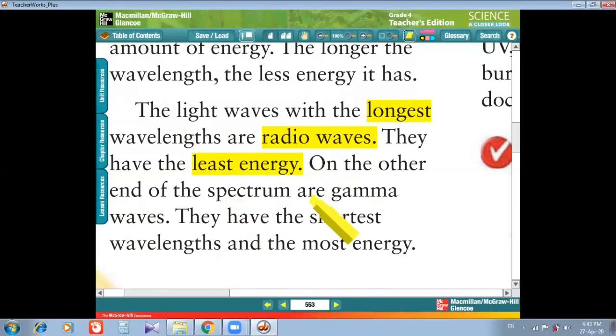On the other end of the spectrum are gamma waves. They have the shortest wavelength and the most energy. So all those waves having more energy have a short wavelength. If they have less energy, the wavelength will be long.